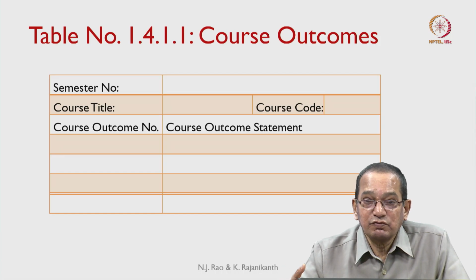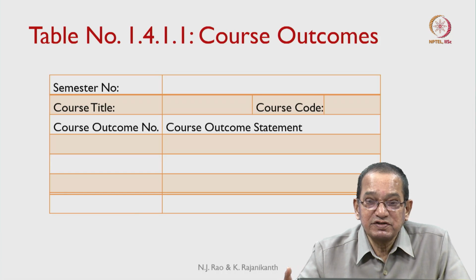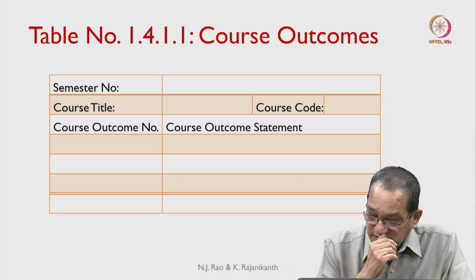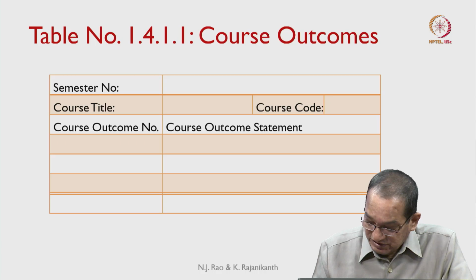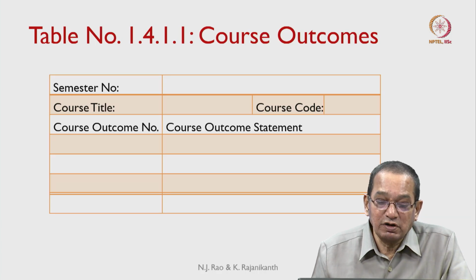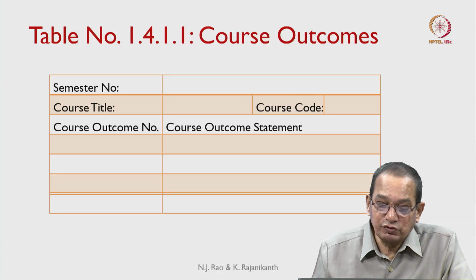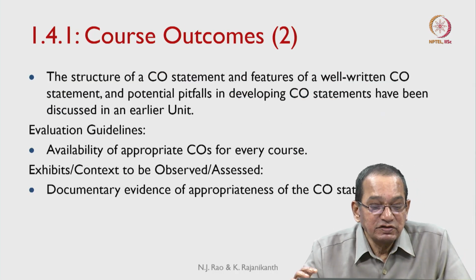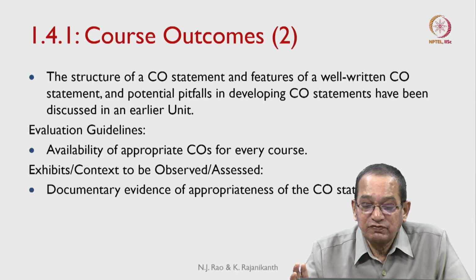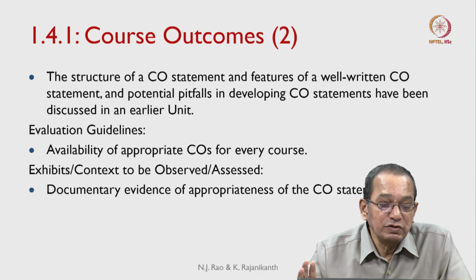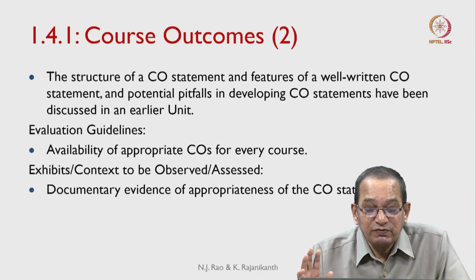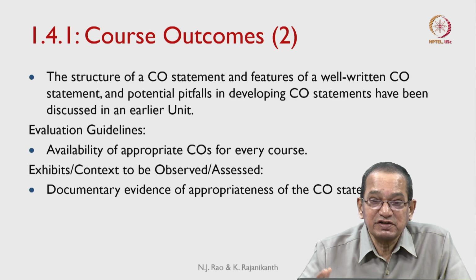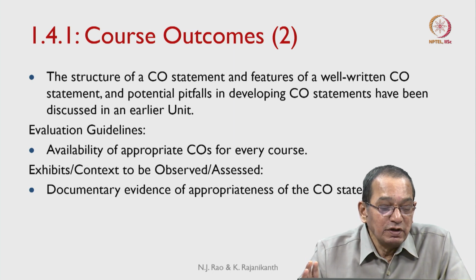And the way that we write the course outcome statements is an extremely important part of the OBE process, and ample discussion has taken place in earlier units on writing the course outcome statements. The structure of a CO statement, features of a well written CO statement and potential pitfalls in developing CO statements have been already discussed, as I mentioned in earlier units.